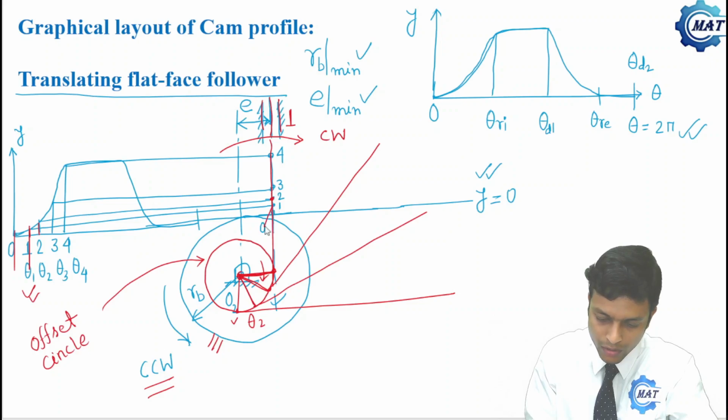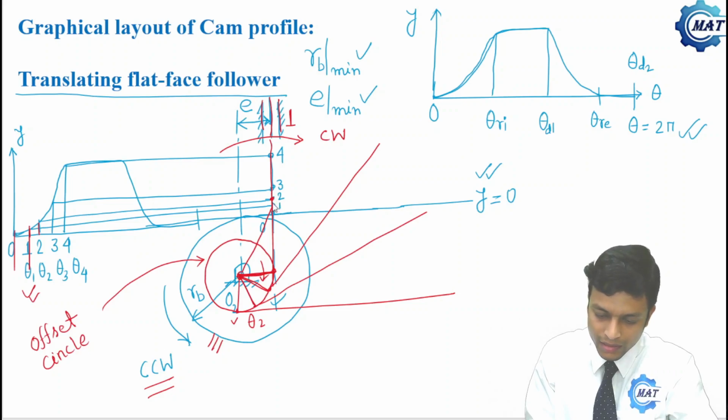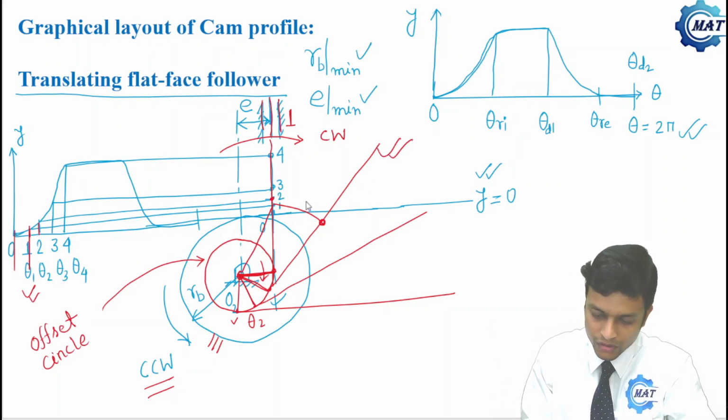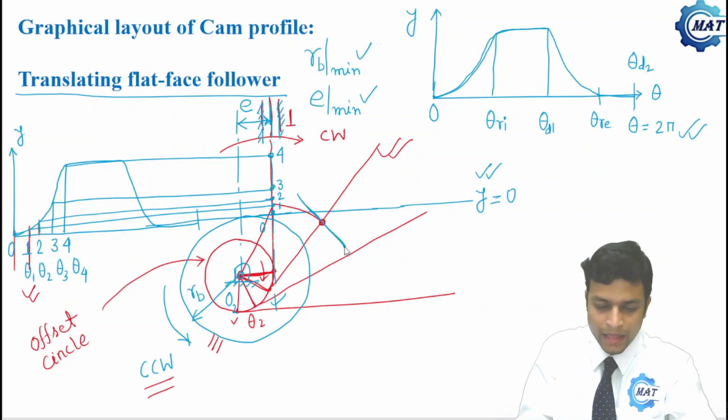If we join 1 to O2, this is the distance. Now with this radius at center O2, we'll draw an arc, and that cuts the corresponding line here. And at this point, the follower face is perpendicular to this line. So we'll draw the perpendicular to this line at this point. This line represents the follower face.